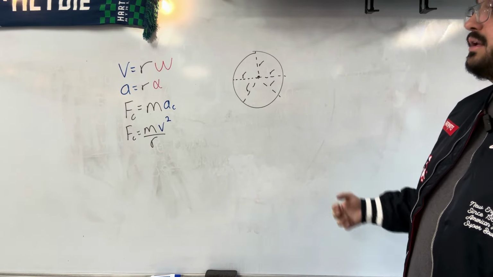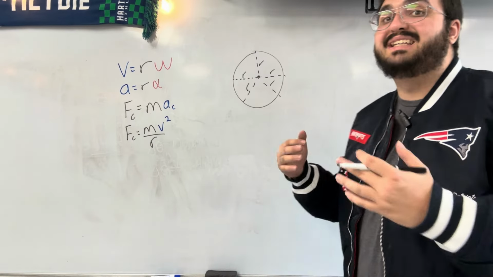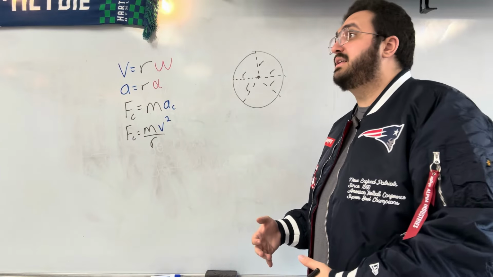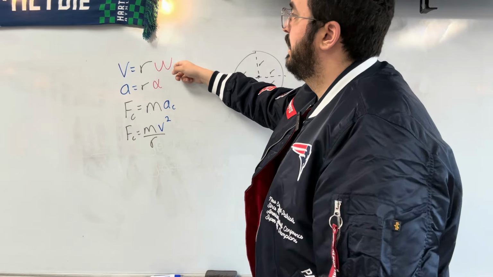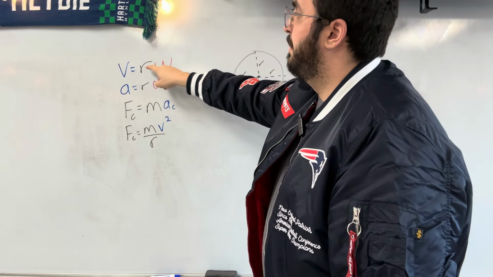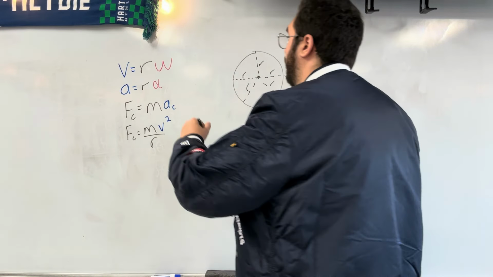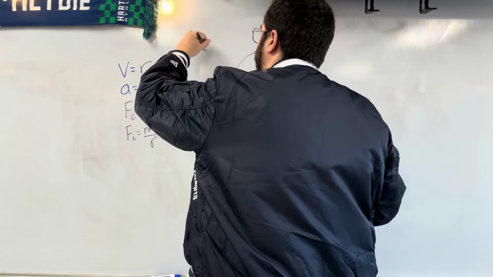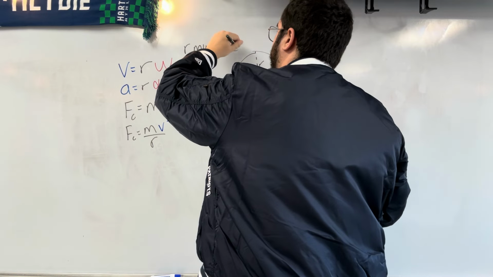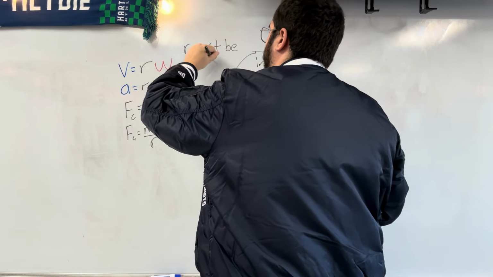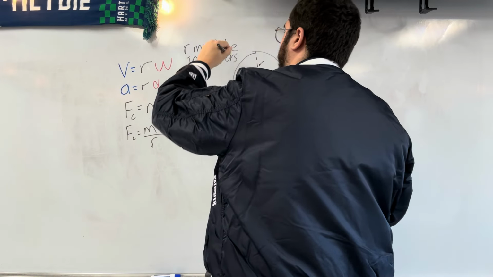Now, to go from angular velocity to tangential velocity, all we need to do is take our angular velocity and multiply that number by our radius in meters. Okay? So r must be in meters. Very, very important.